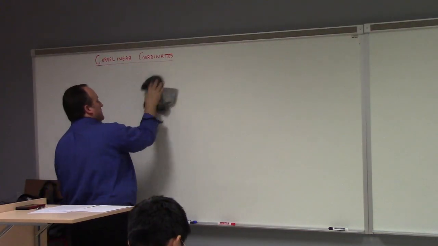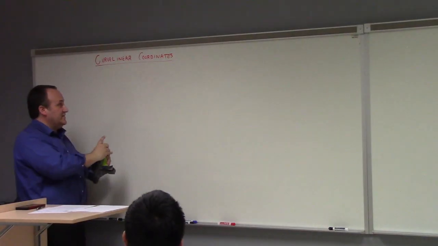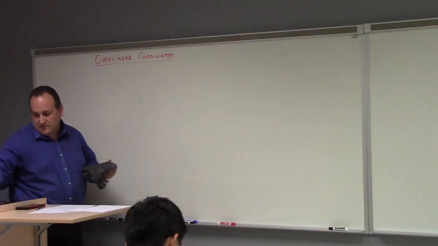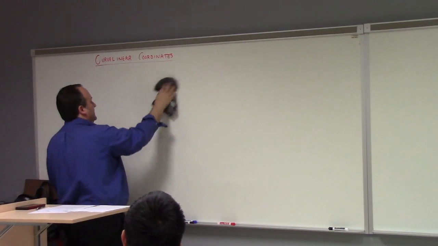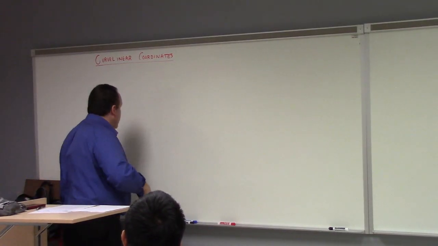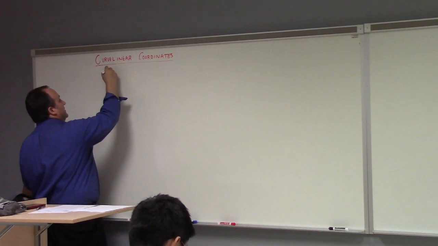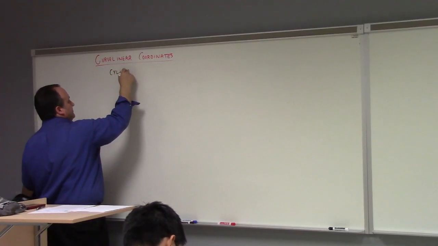Primarily in here, we're interested in the particular curvilinear coordinates of either cylindrical coordinates or spherical coordinates. We'll start with cylindrical coordinates because those are a little bit familiar, hopefully from calculus 2.